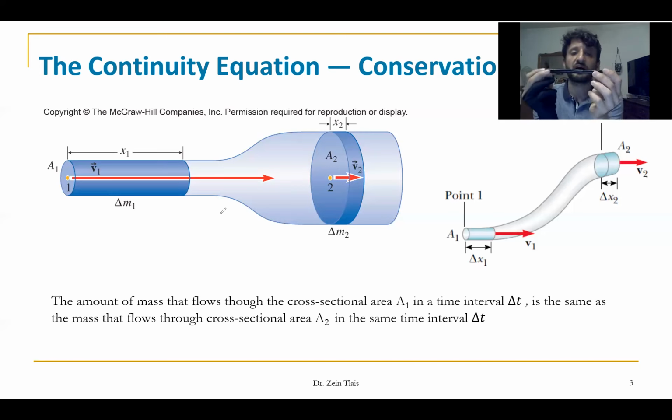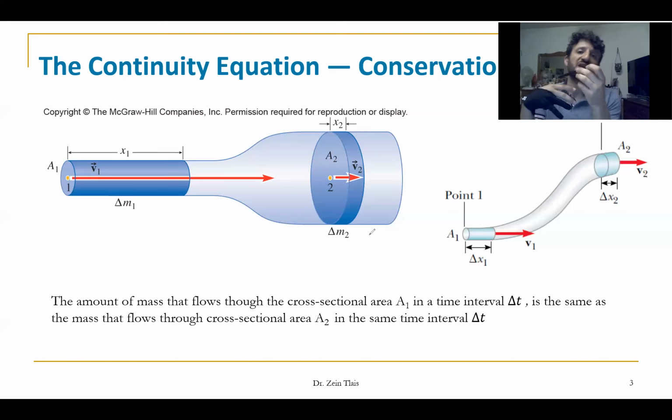It means we have a horizontal tube. We can have, for example, a tube like this. It means we have a different height at 1 and 2. H1 is not equal to H2. And also we can have a different cross-sectional area, where we have a small tube at the point 1 and a large tube at the point 2.